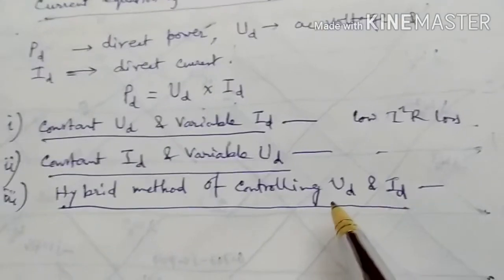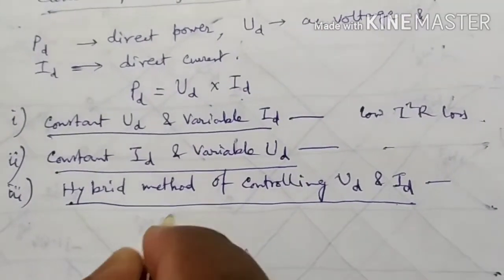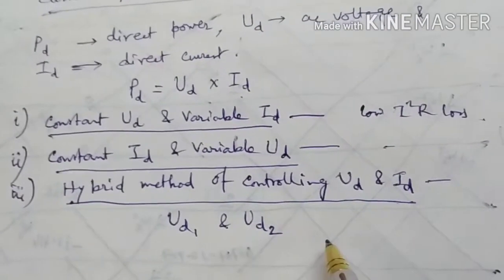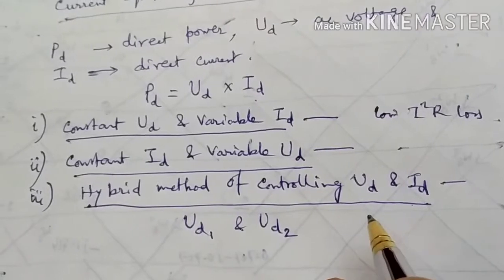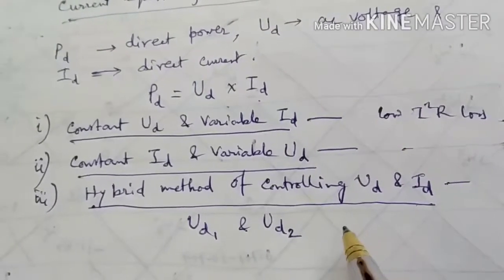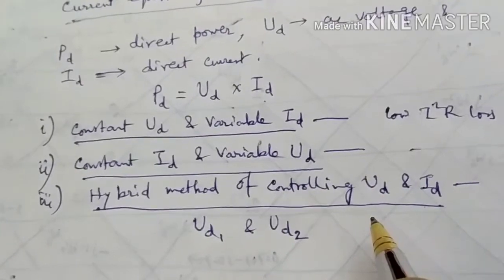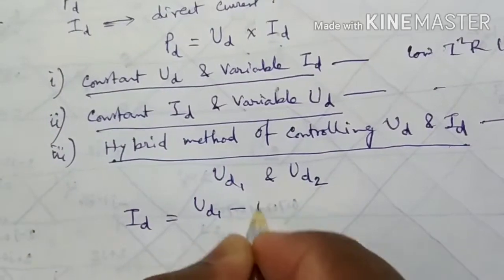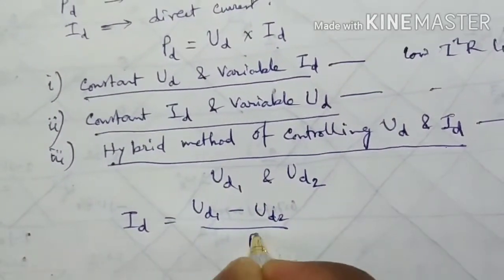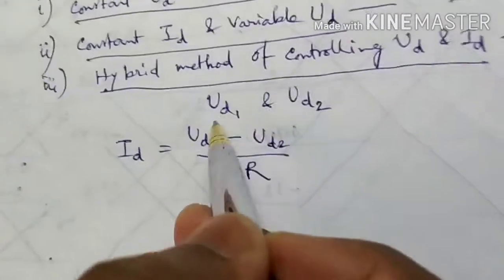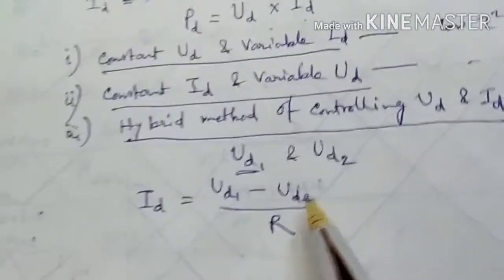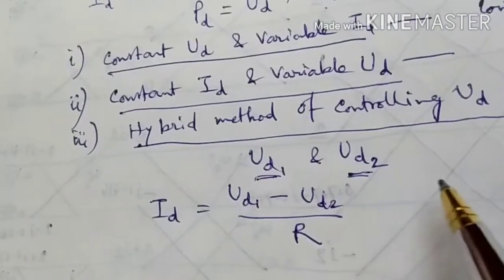This method comprises control of UD1 and UD2 simultaneously, so that the control of ID, that is direct current, is given by the equation ID equals UD1 minus UD2 by R, where UD1 is the sending end direct voltage in volts, and UD2 is the receiving end direct voltage in volts.